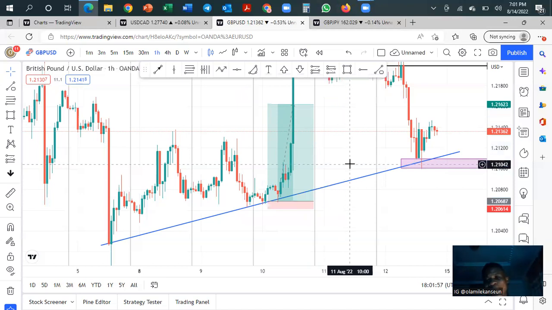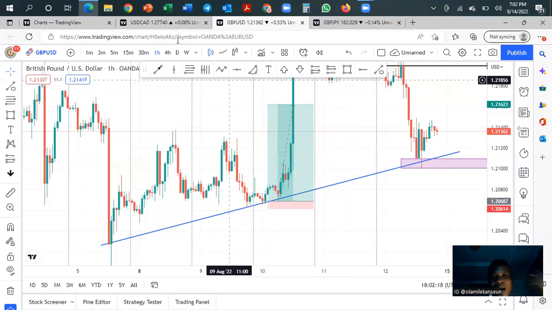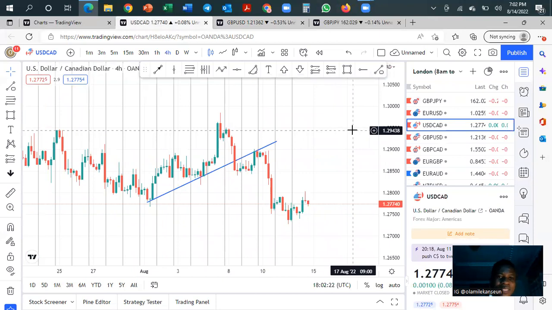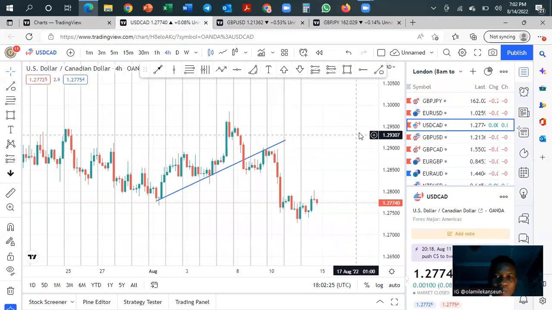So the second way I trade my trend line is a break and a retest. When I see a break and a retest, that means the market has changed the structure at that particular moment. The example I have is this USDCAD.